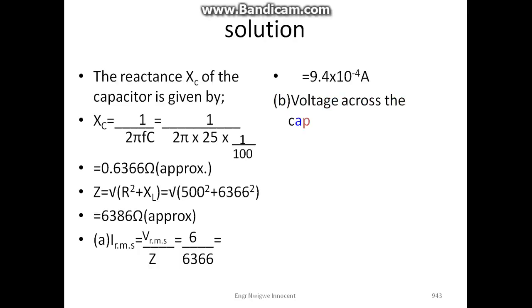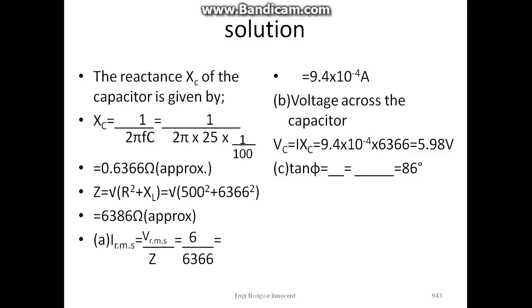B. Voltage across the capacitor VC is equal to IXC, which is equal to 9.4 times 10 raised to power minus 4 times 6,366, which will give us 5.98 volts. C. Tan phi is equal to XC over R, which is equal to 6,366 over 500, which will give us 86 degrees.